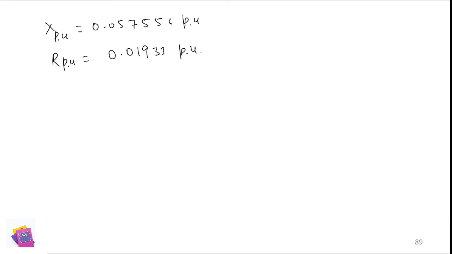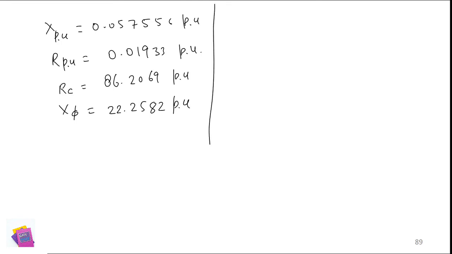RC already you have calculated, 86.2069 per unit. X5, how much? 22.2582 per unit.